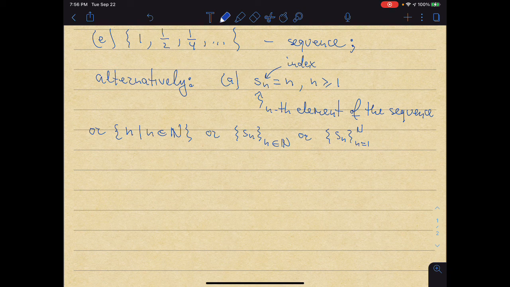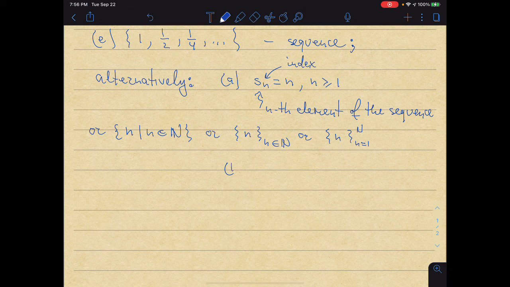So in this case, instead of Sn, we're going to write n, n in N, or n, where n goes from 1 to infinity. In all of these different ways, I'm specifying the same sequence.